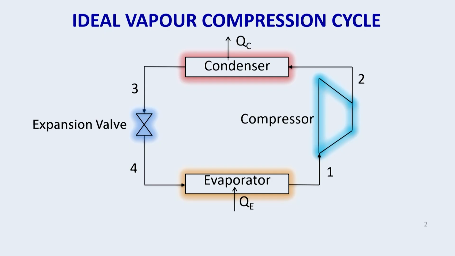So, in order to achieve condensation, I am raising the pressure and temperature of the refrigerant. If that is not done, then condensation will not take place, and the heat of condensation cannot be rejected to the surroundings. So if I am operating a condenser at 30 degree, and if the surrounding air temperature is 30 or 25, this process will not take place.